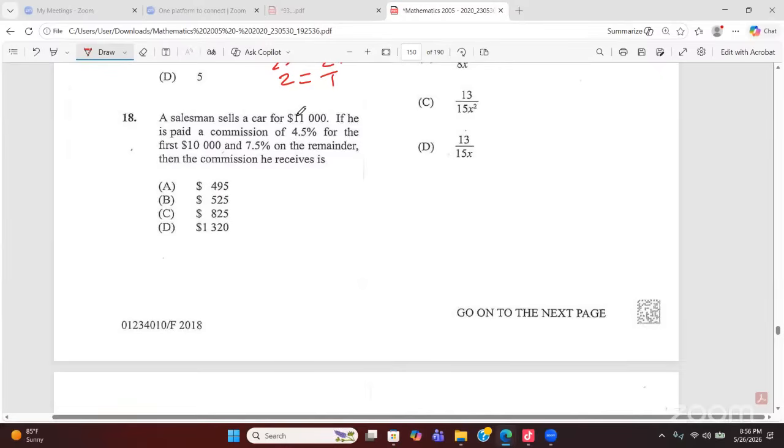First, it's 11,000, but the commission is in parts. So you work out 4.5% of the first 10,000. We take the 10,000 out of the 11,000, so we're working with 10.